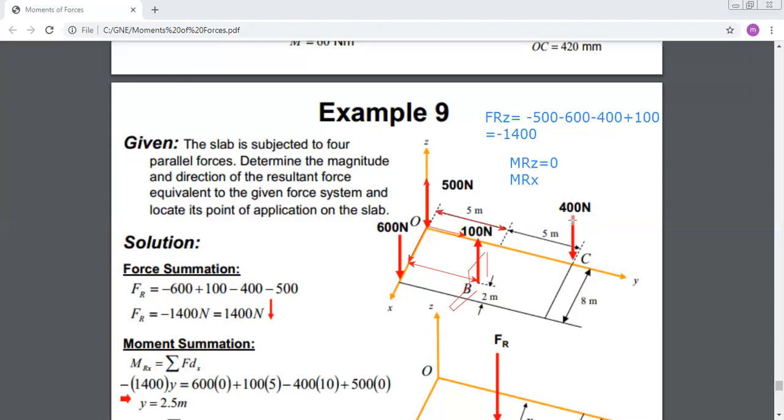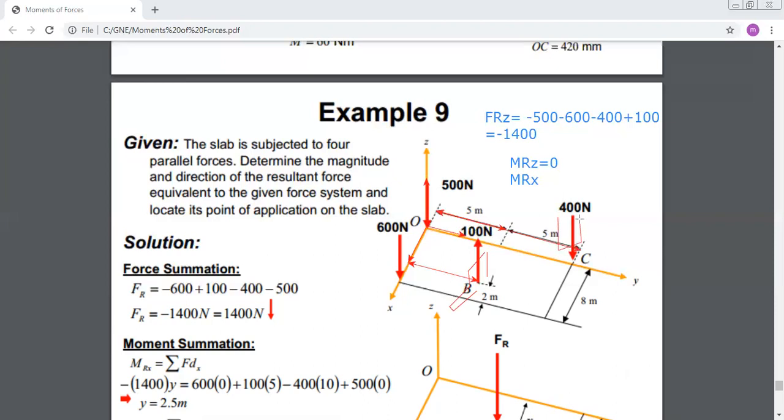Now, for the 400 Newton force, the distance you should take is this one to X-axis. It's equal to 10. But as you can see here, if you want to do the right hand rule, because your force is downward, you will put your 4 fingers like this, down, okay?